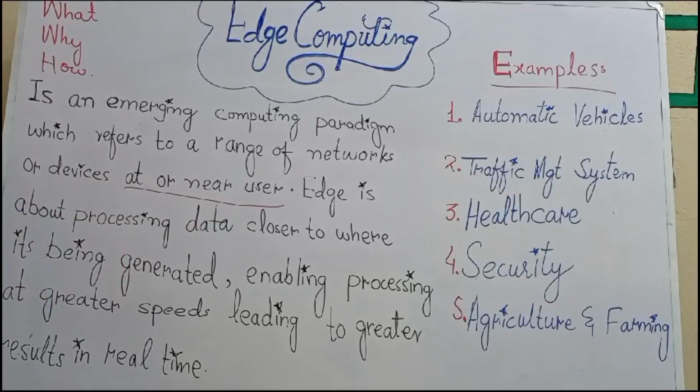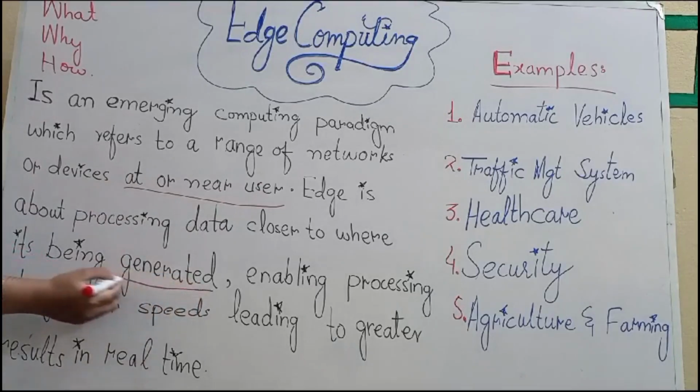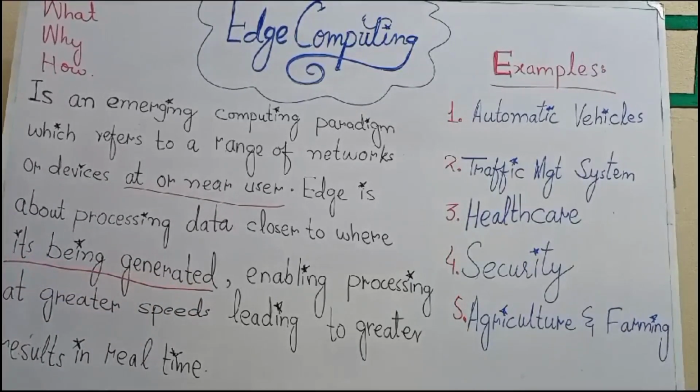That means edge computing is basically the computing process which is closer to the source of data generated, where the data is generated, the source, the user, enabling processing at greater speeds, leading to greater results in real time.